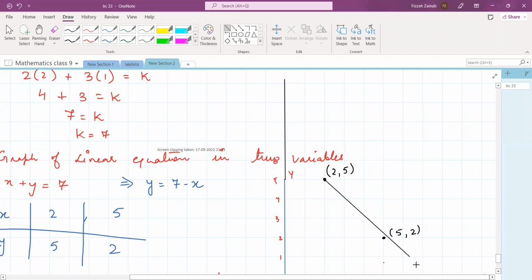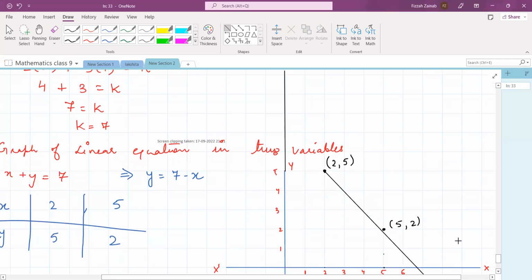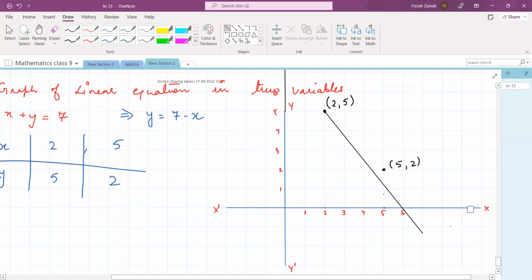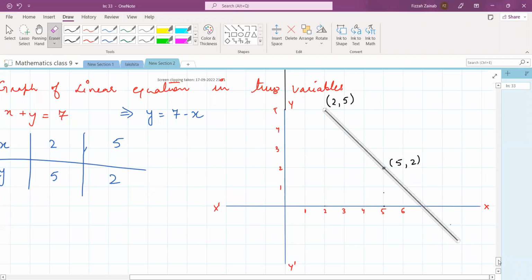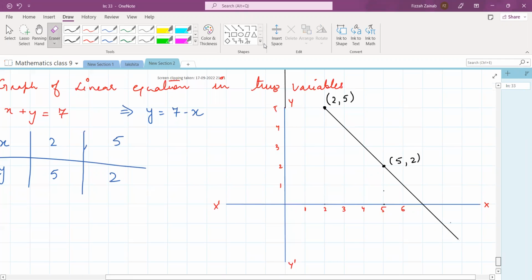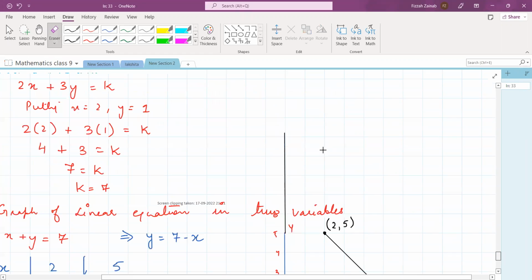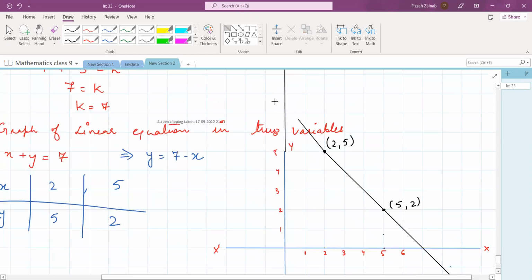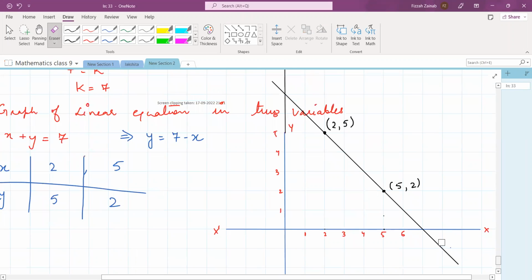Now you can extend it with the help of the scale and just draw it so that it cuts the x-axis. Is this correct? And similarly on the other side also, you can extend it with the help of the scale straight, and it will look like this. Understood? Yes, ma'am. Okay, now this is the way to plot a graph. Zainab, is this clear?